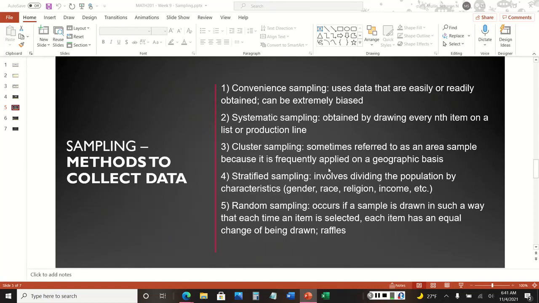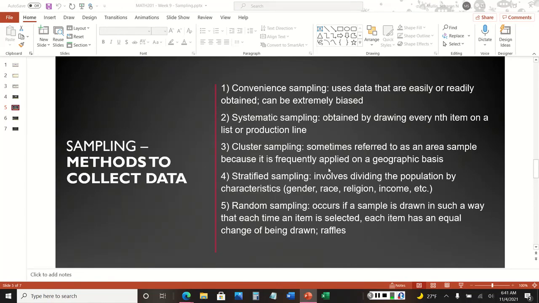Because if you're not going to the game to work and you're going to the game to watch it, you're more than likely going to be a football fan. And again, this convenience sampling is biased because the sampling data is readily and easily available.